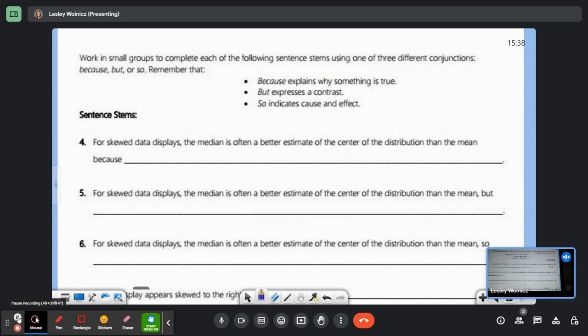For skewed data displays, the median is often a better estimate of the center of the distribution than the mean because... Because we have to explain why, right? So the median is often a better estimate of the center of the distribution than the mean because why? What is the mean affected by? A tail, because the mean is really affected by extreme values in the tail.